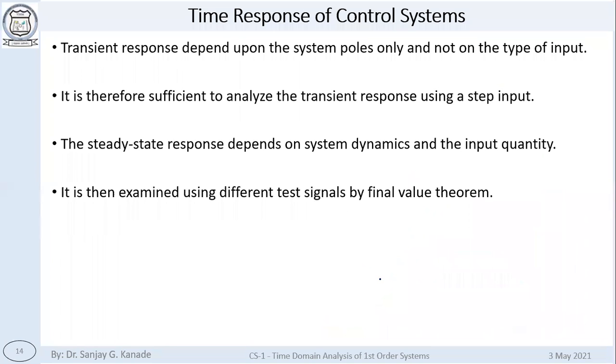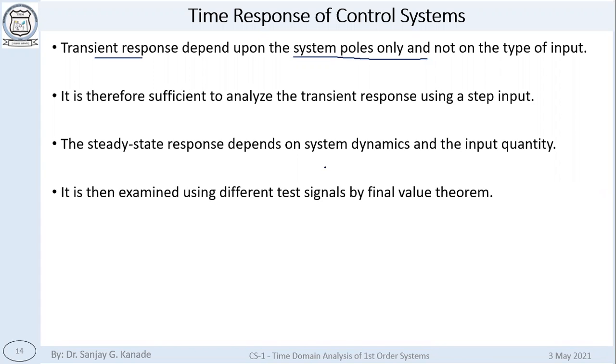Some important things to note which characterize control systems: the transient response depends upon system poles only, and not on the type of the input. Remember this. It is therefore sufficient to analyze the transient response using a step input.